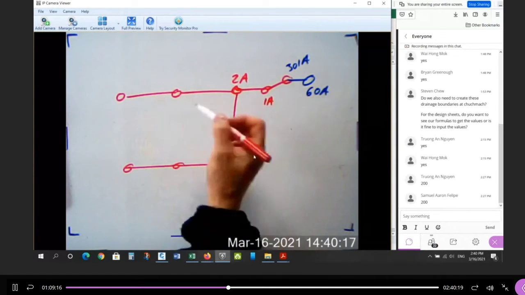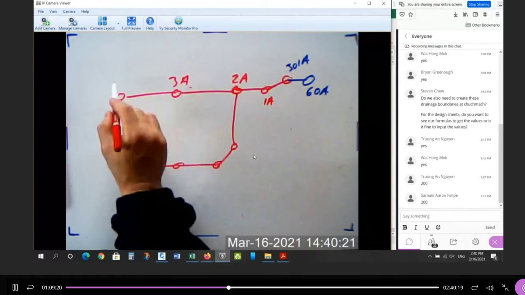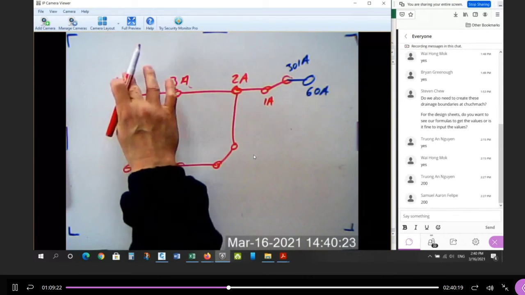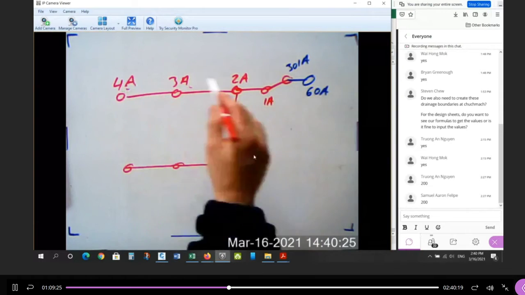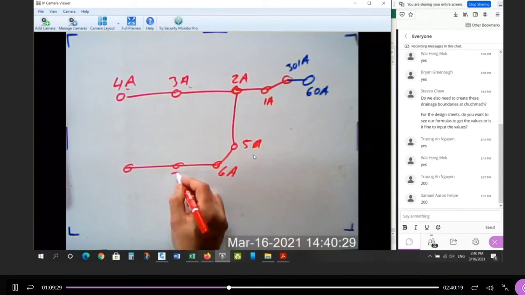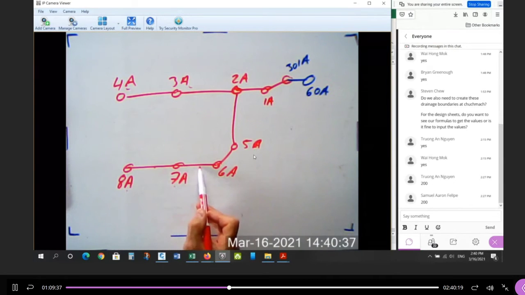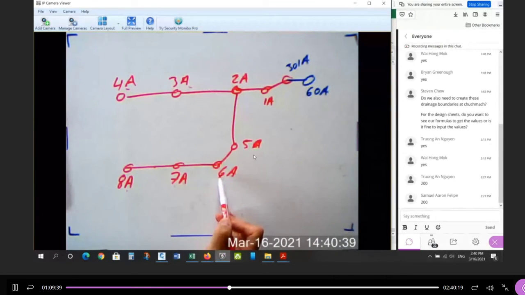I'm going to go up this short piece first. So this is 2. This is going to be 3A. This is going to be 4A. And then I go back and continue. 5A, 6A, 7A, and 8A. Okay? So to describe this pipe from 8A to 7A, describe this pipe from 7A to 6A, and so on.